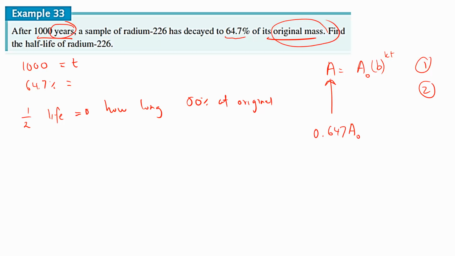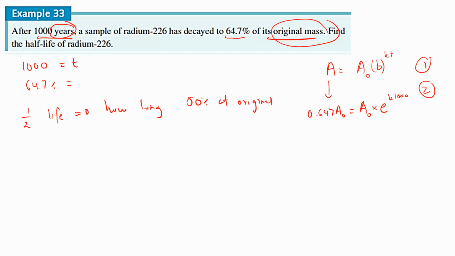So if it's not given, you would use E. You don't have to figure it out unless they tell you. So in our case here, I've got a model now. I've got A, which is equivalent to 0.647 of A naught, is equivalent to A naught multiplied by e to the power of k times 1,000.